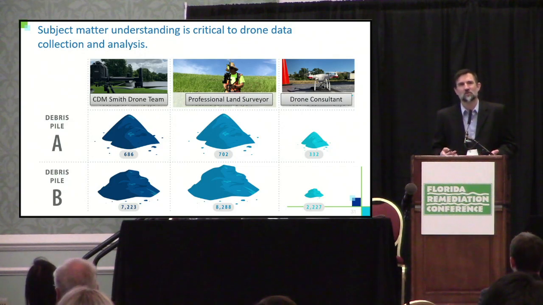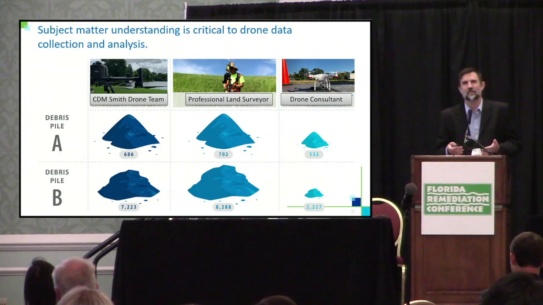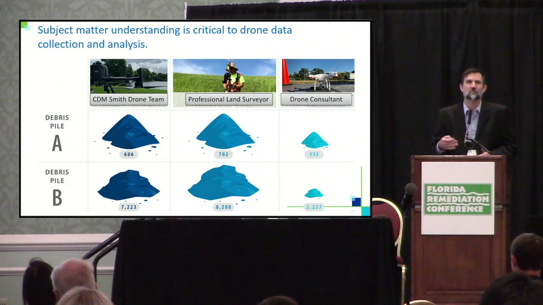But they weren't really subject matter experts, and they really hadn't done any ground truthing to see, what we observed in the field, is that matching up with reality? So it's important to have some sort of sense of what's on the ground, understand your subject matter, but then also have some ground truthing where you can validate your data sets to say, all right, this is matching up with our model.